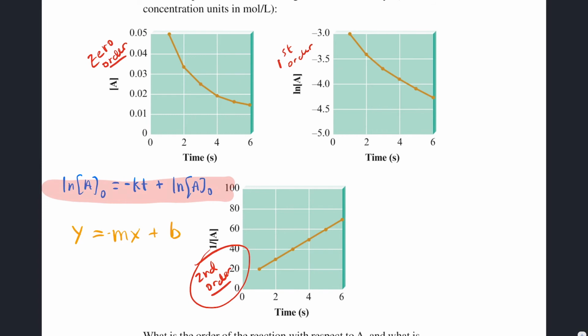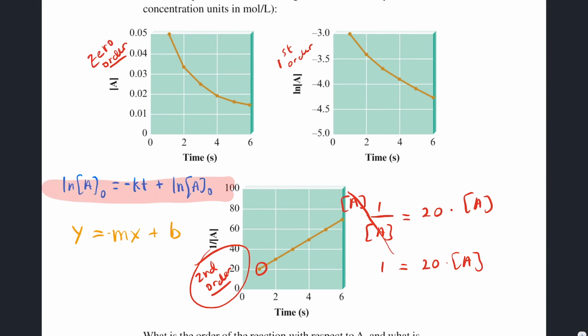So all we have to do is determine this guy right here. That would be 20 over here. So that's 1 over A. Let's say that's what our y is, and our value is equal to 20. So then to solve for just the initial concentration of A, all I would need to do is multiply both sides by A. If I do that, these cancel, and I'm left with 1 is equal to 20 times the concentration of A. And that's not what I want.